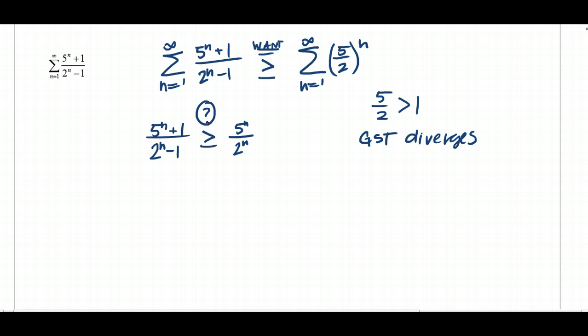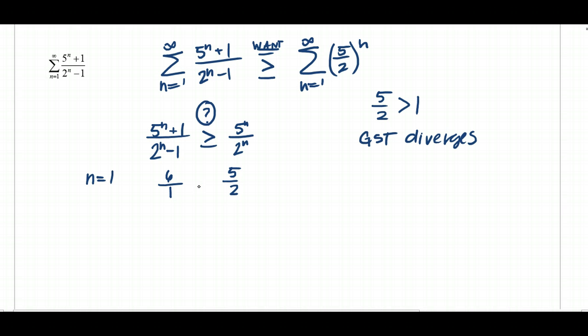Alright, so here, if it's a little hard to see, let's go ahead and start to plug in values. So let's say n equals 1. So on the left-hand side, I'm going to have 5 to the 1, which is 5, plus 1 is 6. And then if I plug in 1, 2 to the 1 is 2, minus 1 is 1. And then on the right hand side, 5 to the 1 over 2 to the 1 is 5 over 2.